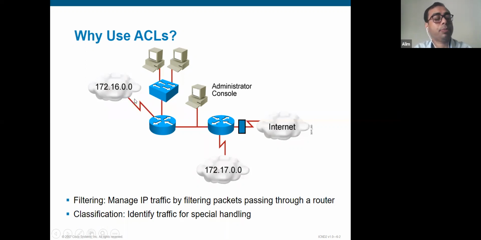Say in a network you have 100 computers, and in another network you have 50 computers or servers. All of them are reachable from each other. This is open for all the devices if routing works.